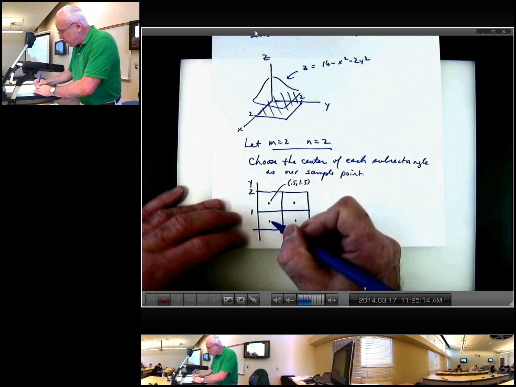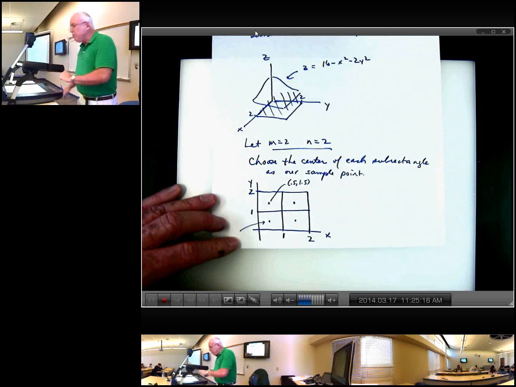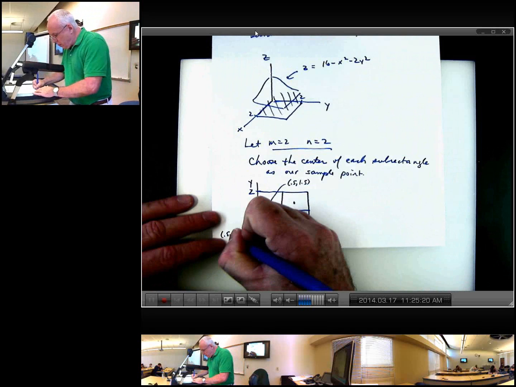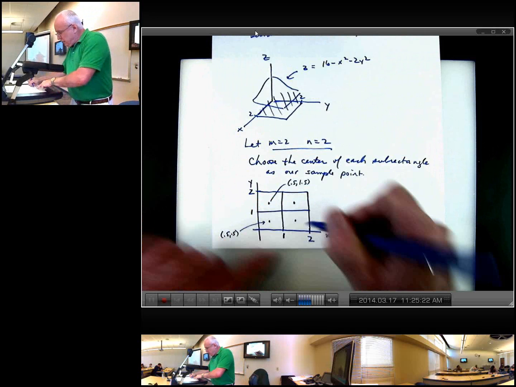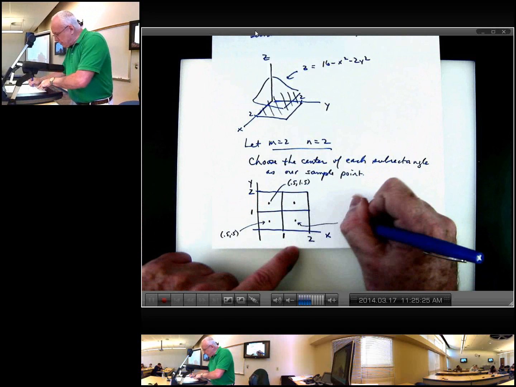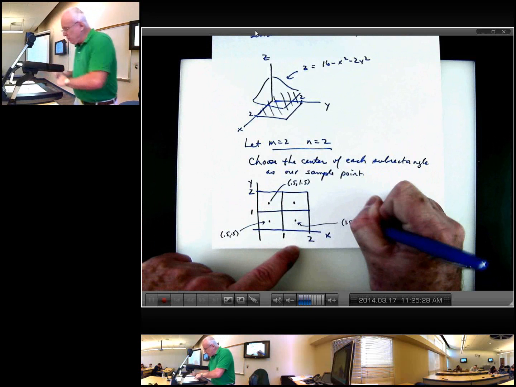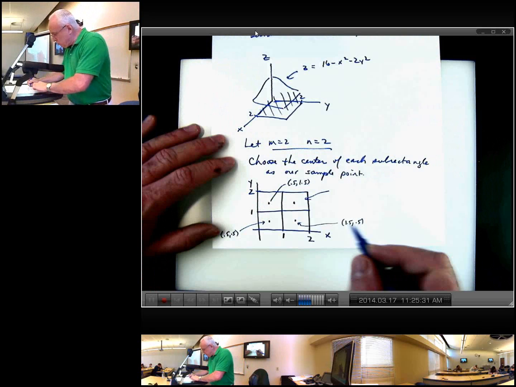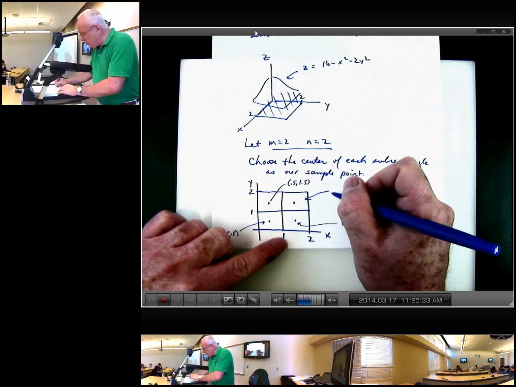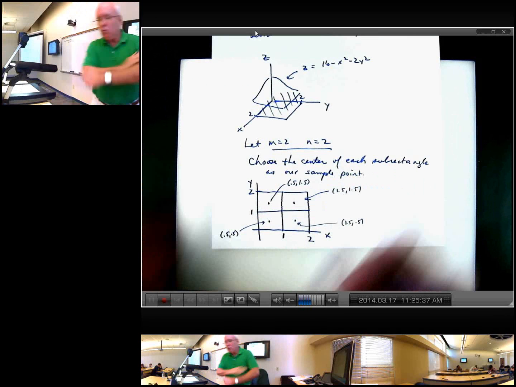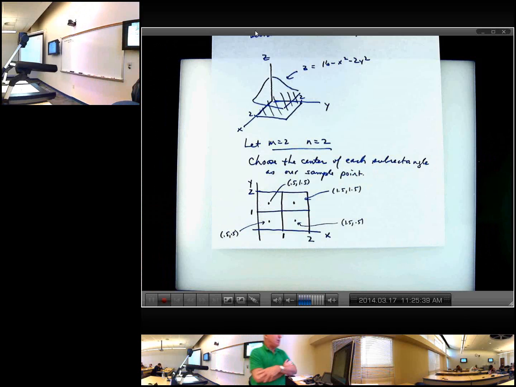This coordinate here is 0.5 for the x and 0.5 for the y. This one here is 1.5 for the x and 0.5 for the y. And then the last one here is 1.5 and 1.5. So those are the coordinates of our sample points.